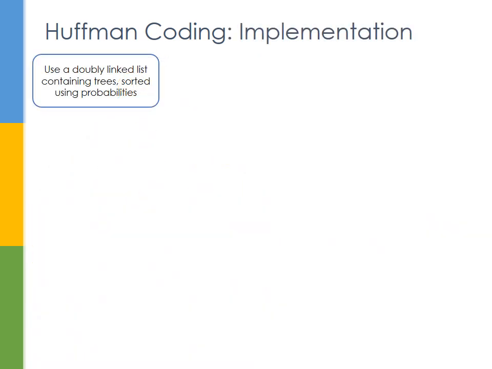Now that we've considered the operation of the Huffman coding algorithm, let's look at how we would actually implement the algorithm. Now, there are obviously a wide variety of different ways that one could approach this implementation. However, a fairly commonly used approach is to use a doubly linked list, where each linked list node contains a tree, and we sort this linked list according to probabilities.